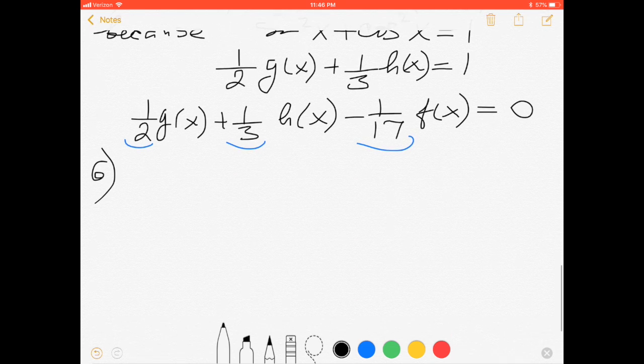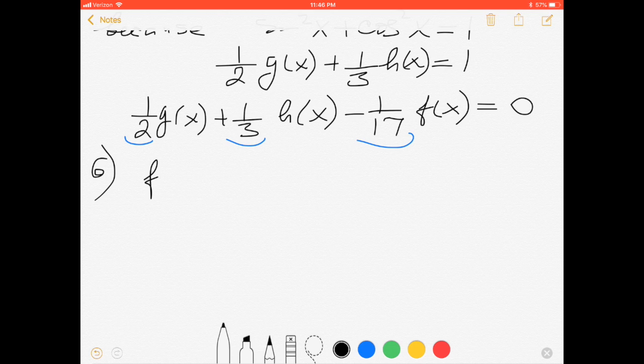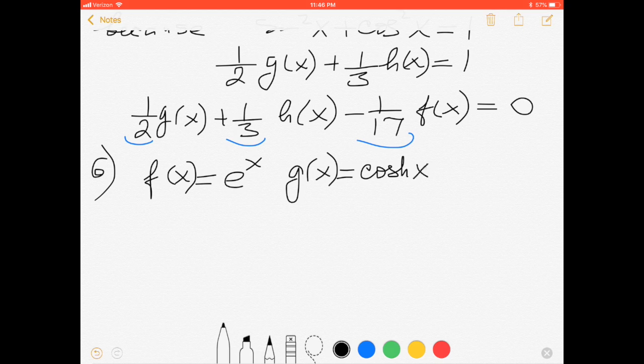What do we have here? We have the function f(x) is e to the x, g(x) is hyperbolic cosine x, and h(x) is hyperbolic sine x.